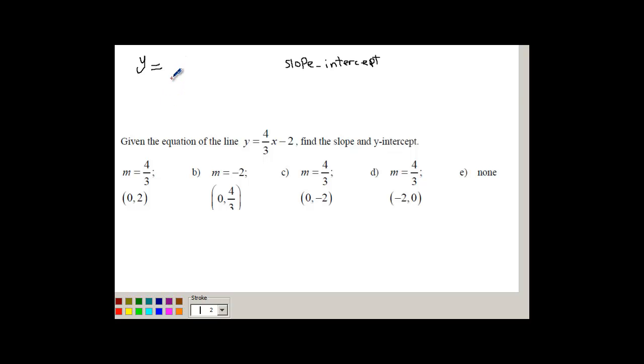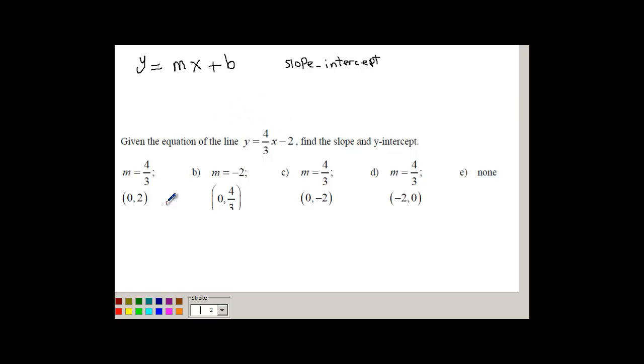Okay, one of the students who logged in online typed y is equal to mx plus b, and that's absolutely correct. This is how you find the slope and intercept if the equation is given to us in this format. And in this case, it is.